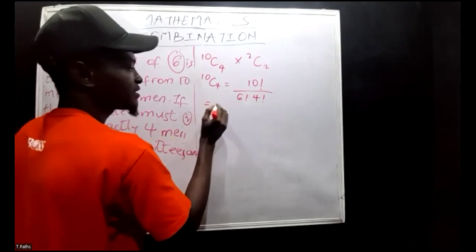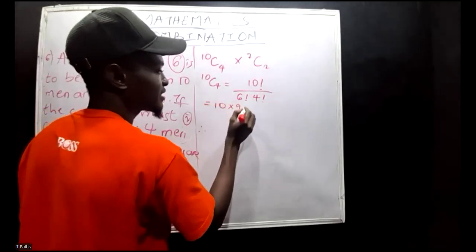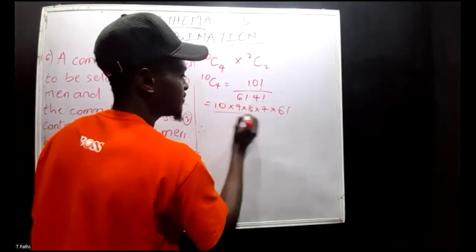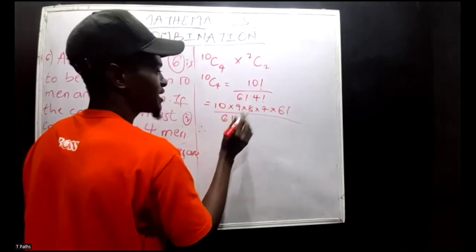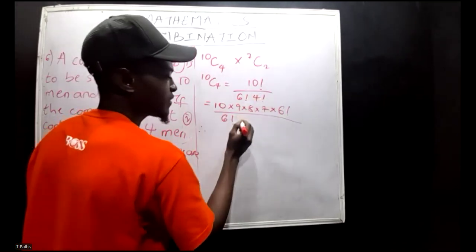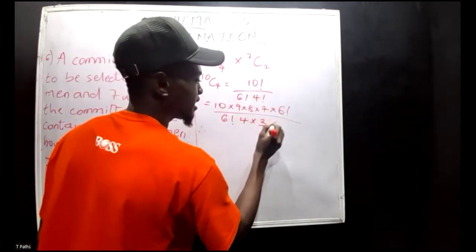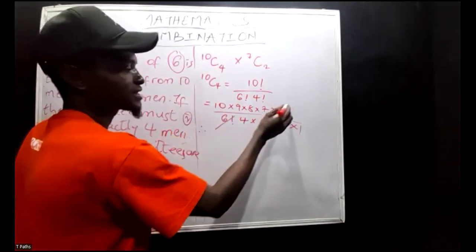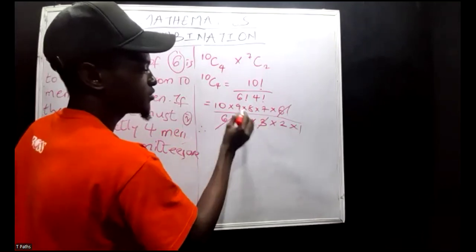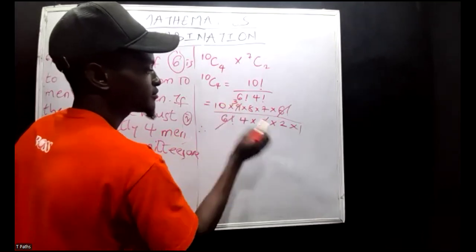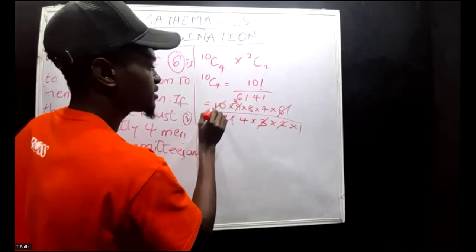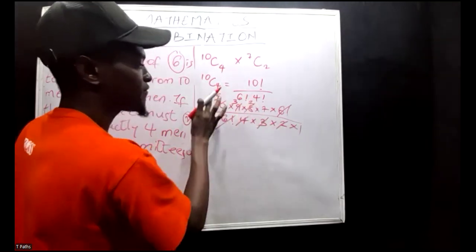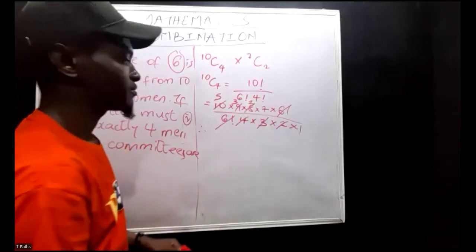Breaking this down, we have 10 times 9 times 8 times 7 times 6 factorial divided by 6 factorial, and I break my 4 factorial down: 4 times 3 times 2 times 1. We don't need the 1, so 6 cancels 6.